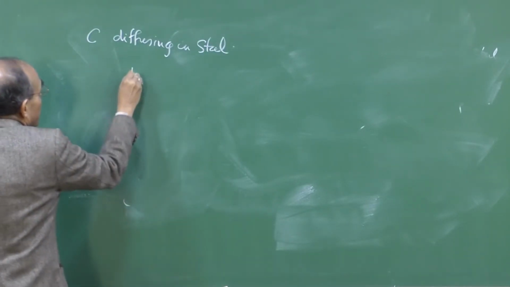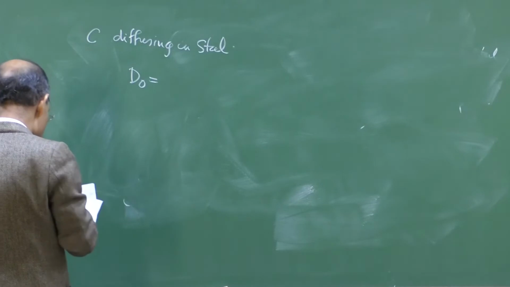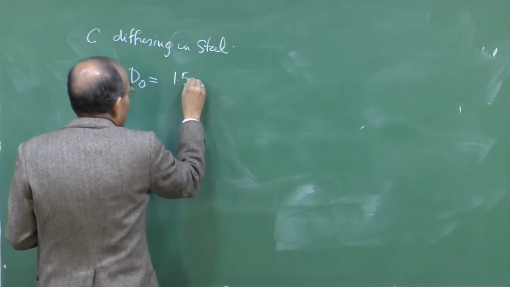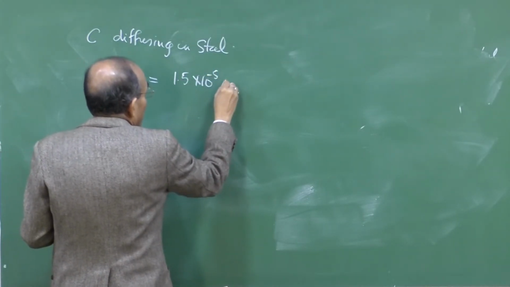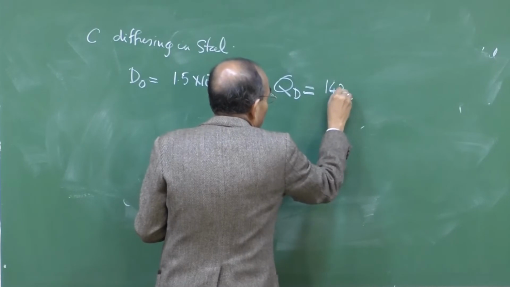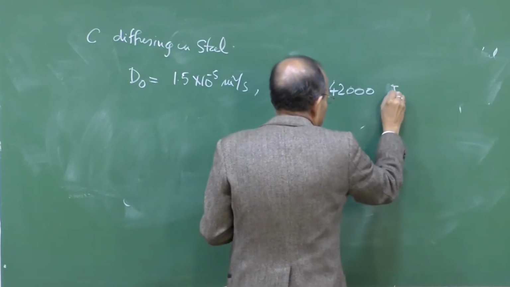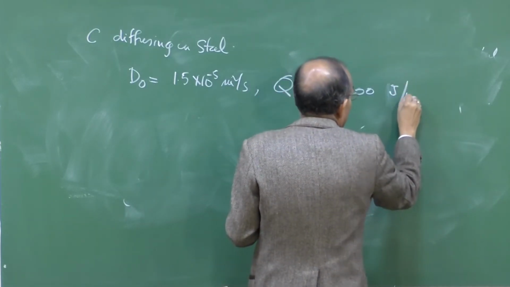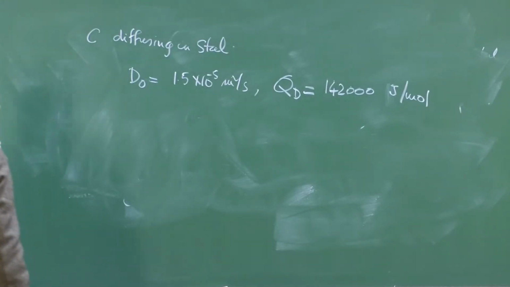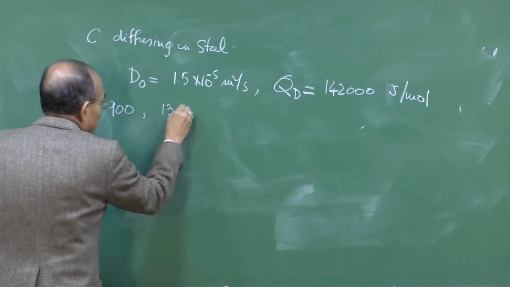okay, and what is given here is D0. In the last problem I have given the value of D0, and that D0 is equal to 1.5 into 10 to the power minus 5 meter square per second, and Q, the activation energy of diffusion, is equal to 142 kilojoules, or 142,000 joules per mole, and we are considering diffusion at 900 and 1300 degrees centigrade.